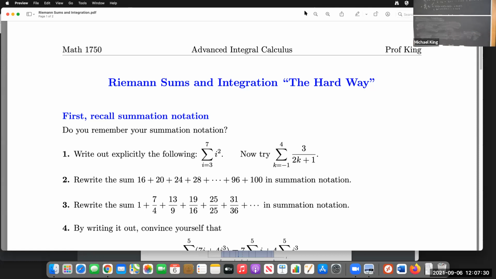Notice this one I don't have stopping, it just says plus dot dot dot. It's already a little bit different. If I was mean, I would have just written plus 1 here instead of 25 over 25.